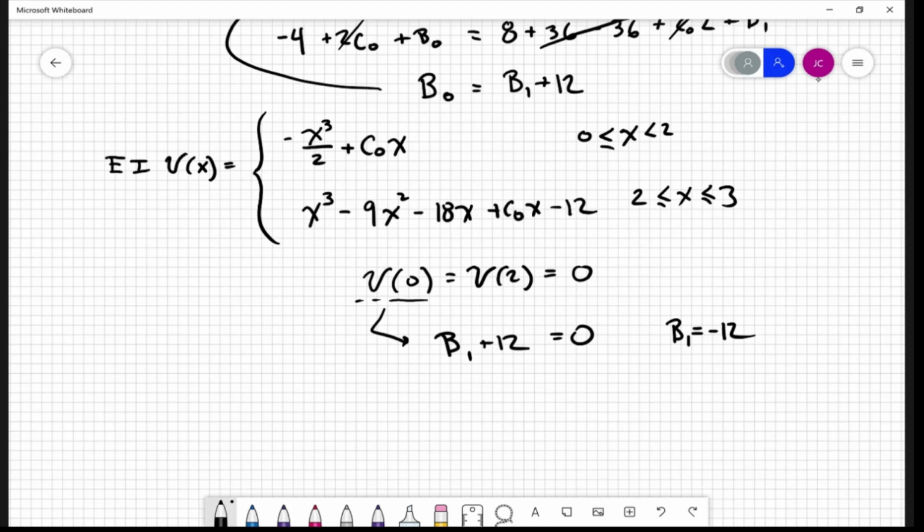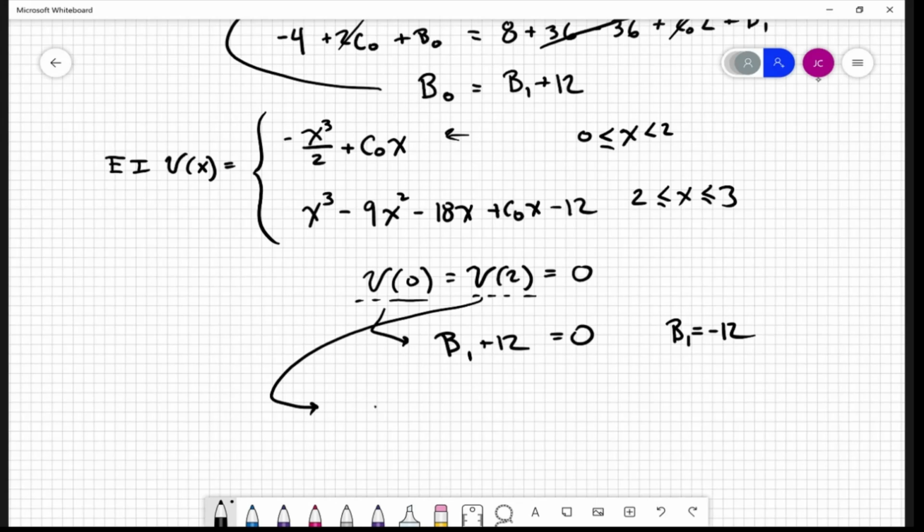And then let's use the second condition to figure out what C0 should be. So if we take this one and put it in here, I'll use this equation. I could use either because they're both valid at 2. They should match. But this one's a little easier. So at 2, we get minus 8.